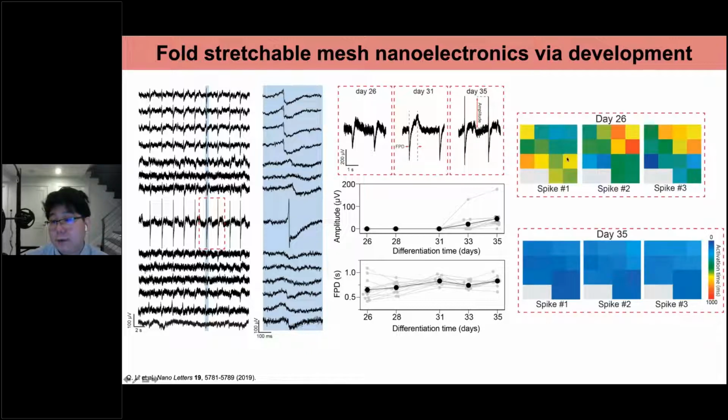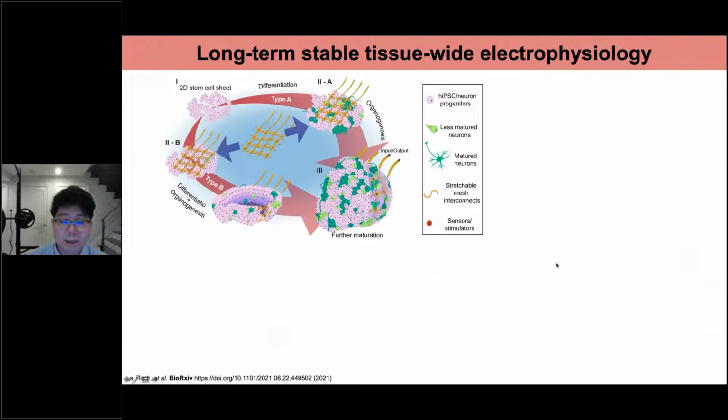And we can even capture the gradually synchronized cellular network, from the initial random firing to ultimately synchronized activity.